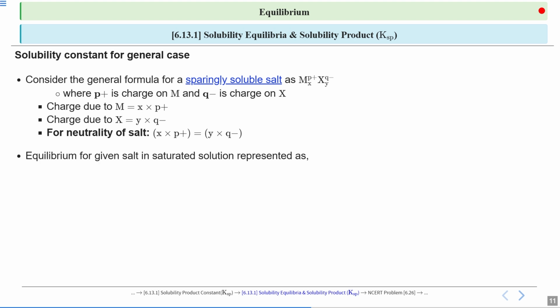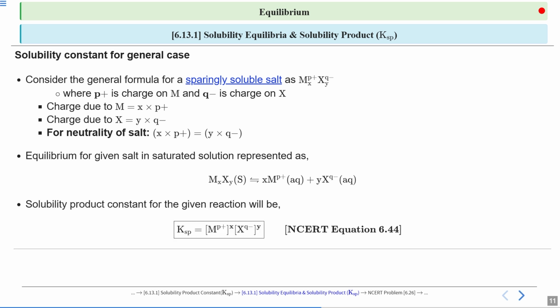Further, if you want to show the equilibrium condition where your salt is present in saturated solution, you can write it as MxXy in the solid state, and that will produce x moles of M p+ and y moles of X q-. So these are ionic species. These are ions of M and X, and they will be present in aqueous form.